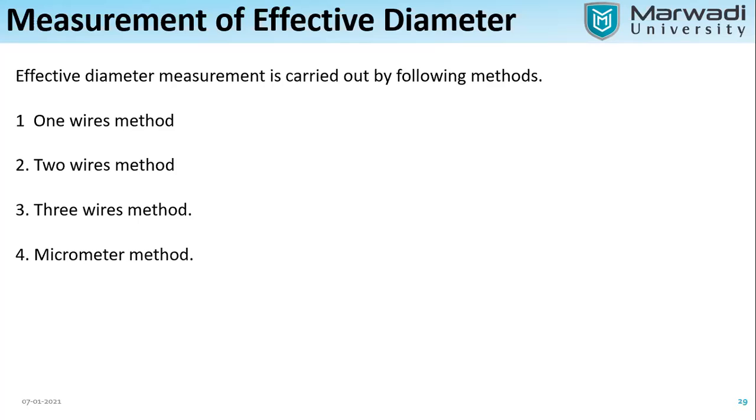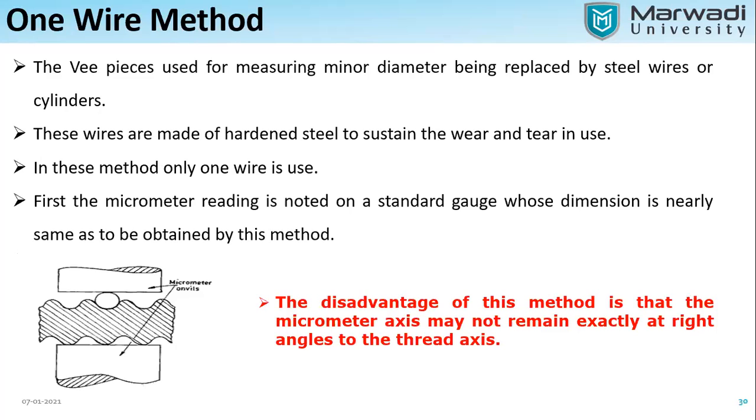Before that, we went through the best wire size that we can use for measuring effective diameter. Then we covered pitch measurement, and we also saw profile checking of the screw thread using a profile projector.